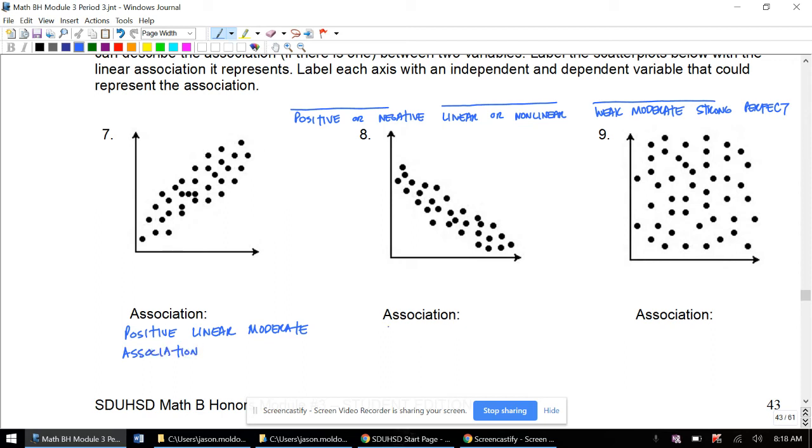Number 8 is negative. It goes down. Think of it as slope. I'm going to also say that this one appears linear. You could agree to disagree. And I also think that this one sort of is moderate. And on the next page, we'll see some examples of maybe strong.